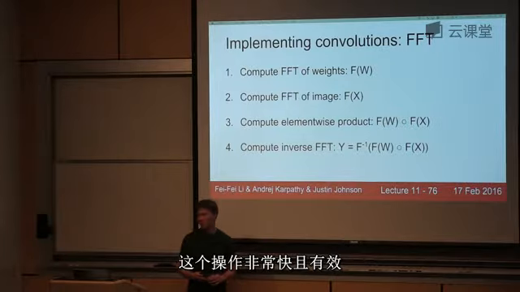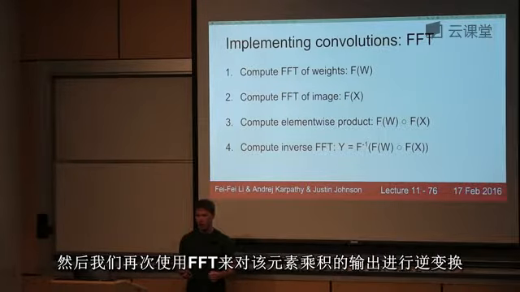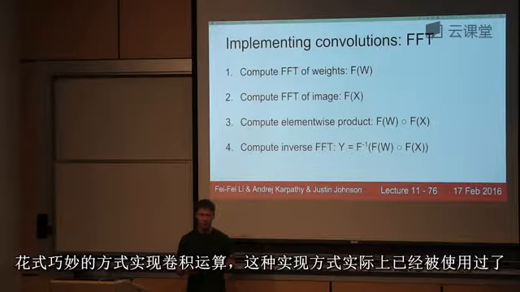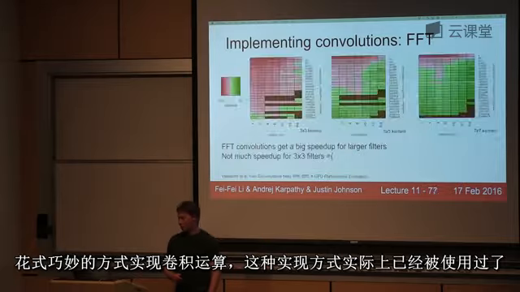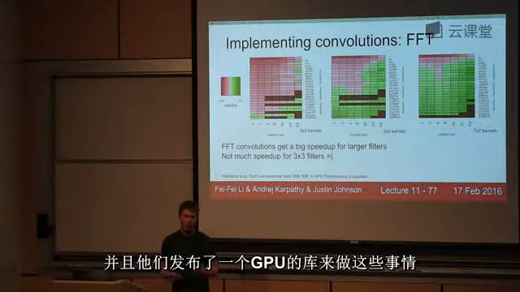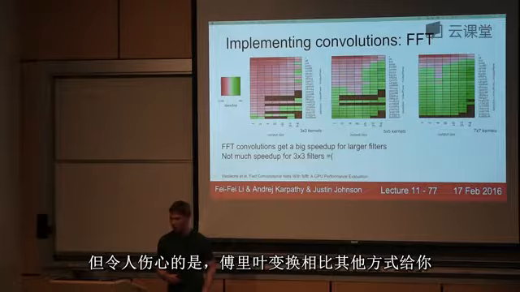Then we use the fast Fourier transform again to do the inverse transform on the output of that element-wise product. And that implements convolutions for us in this cool, clever way. Some folks at Facebook had a paper about this last year, and they released a GPU library to compute these things.